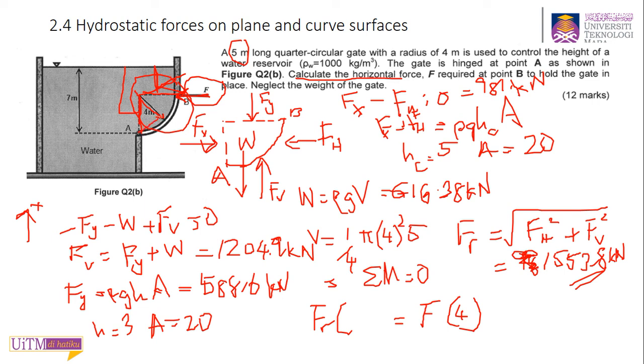Macam ni kan. Ya, macam saya cakap tadi. Okay. So you have the theta. You already find the theta, the angle here. And we know this length which is 4 meter. So you get this length lah. Betul?